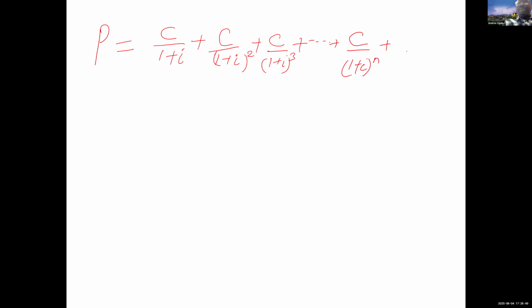Then on maturity, you also get paid the face value back. The discounted value of that payment will be face value F divided by 1 plus i to the power n.